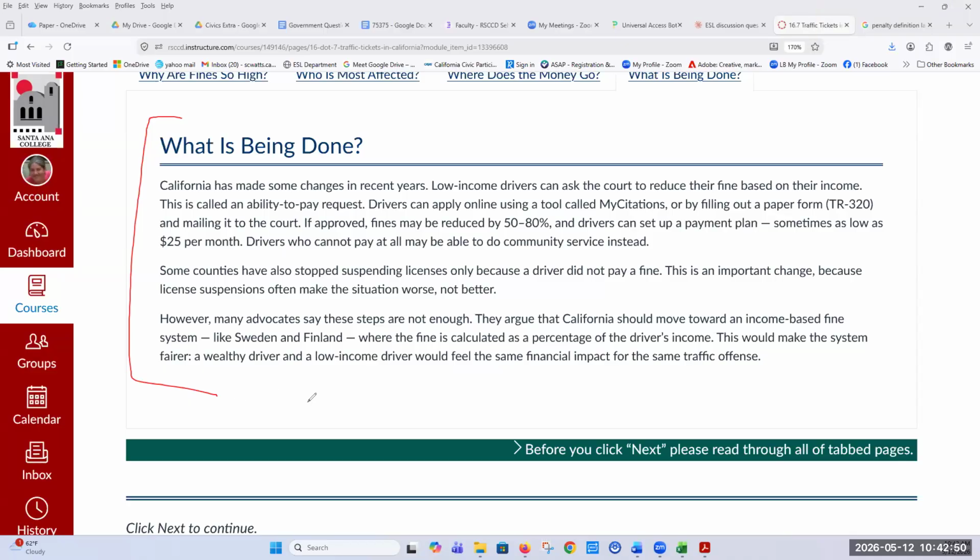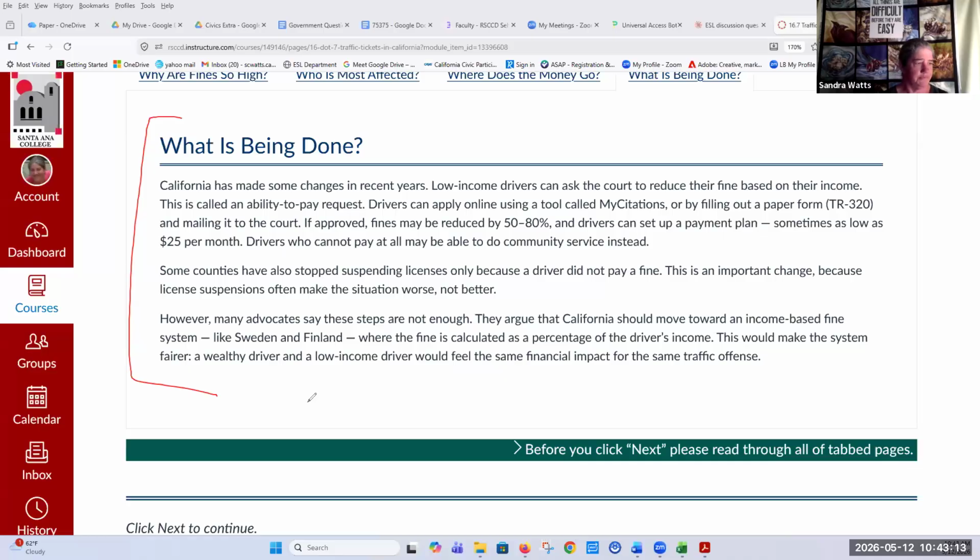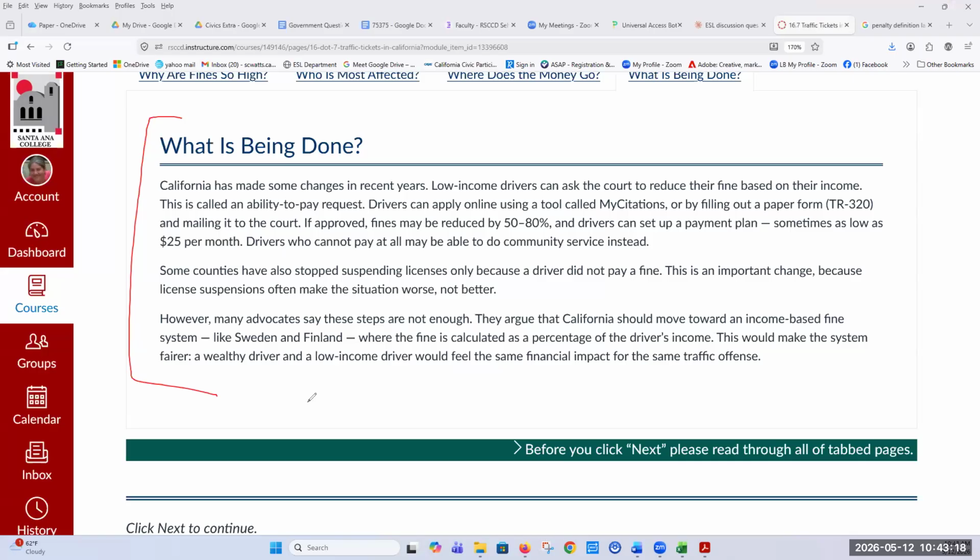California has made some changes in recent years. Low-income drivers can ask the court to reduce their fine based on their income. This is called an ability to pay request. Drivers can apply online using a tool called My Citation or by filling out a paper form, TR 320, and mailing it to the court.